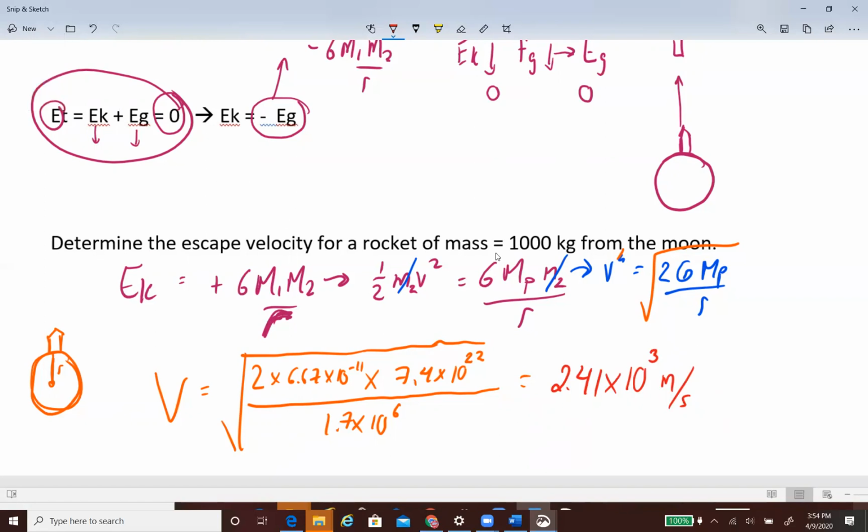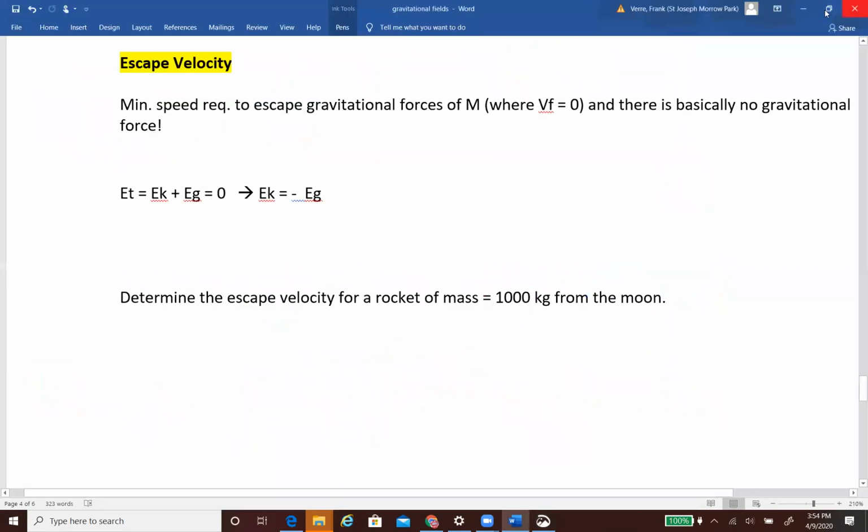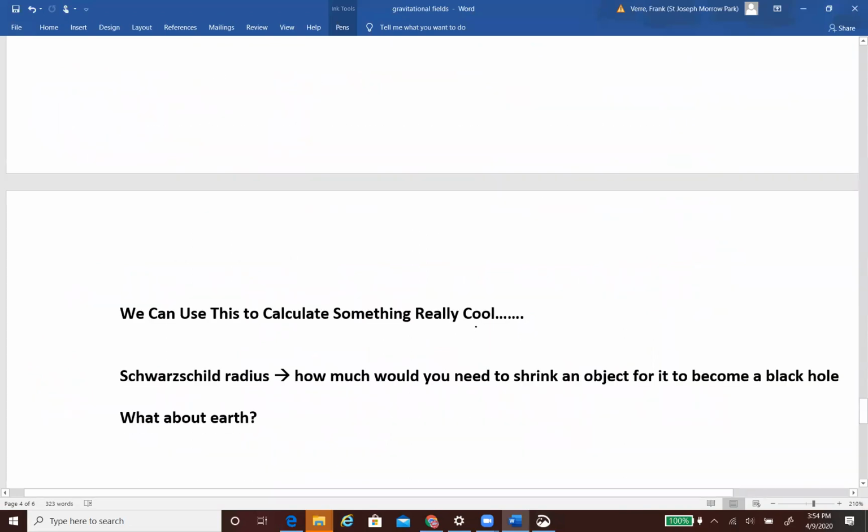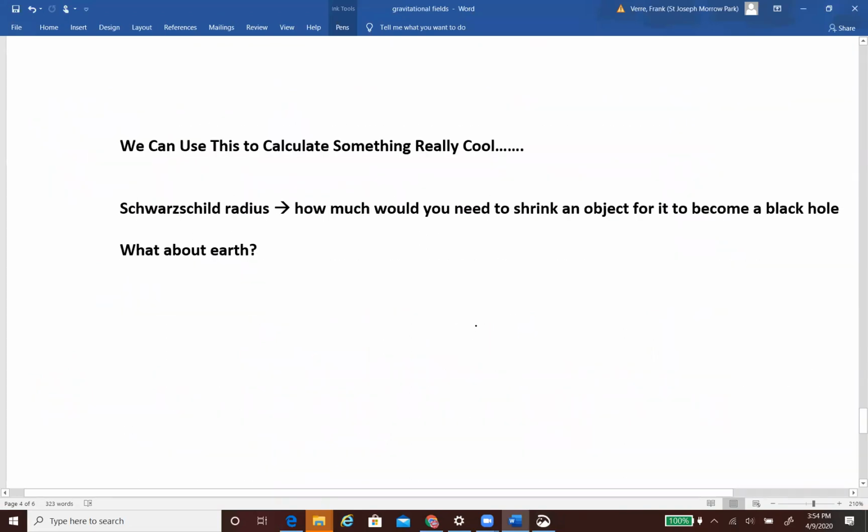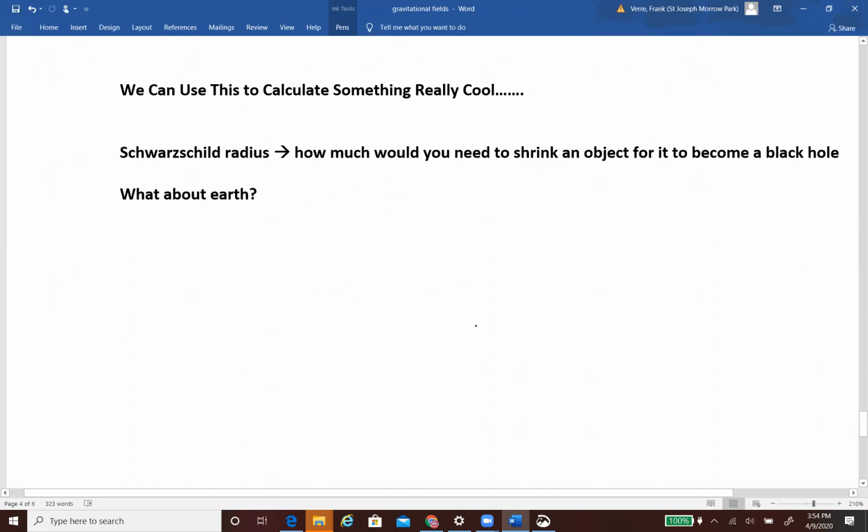Now, one last step, we could take this concept and do something really interesting with it. Yeah, I have a question. Is escape velocity the minimum speed to escape?